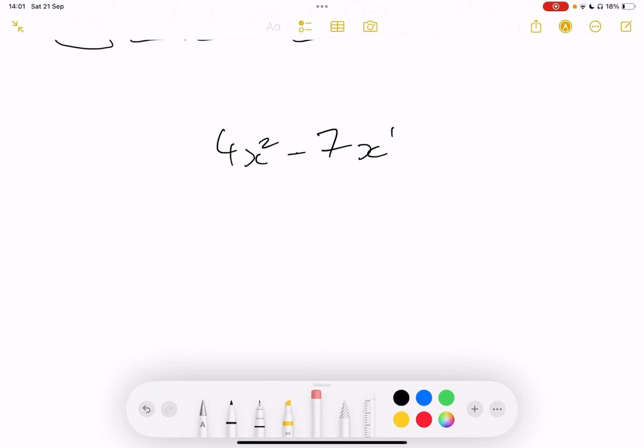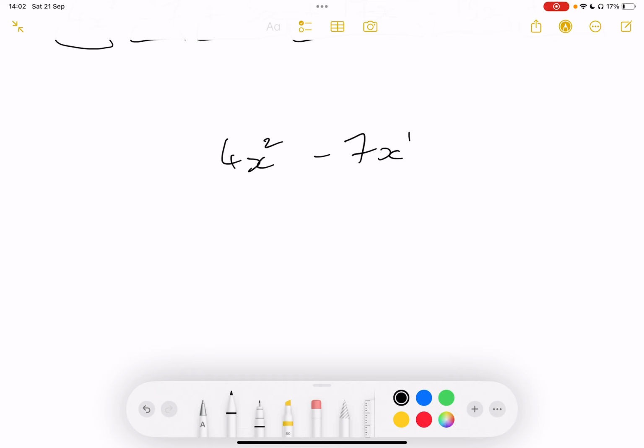No, sorry, let me just do that again. Okay, teach you what we mean by quadratic expression. My turn first. This is not a quadratic expression. I'm going to change one thing. Watch what I change. This is a quadratic expression.